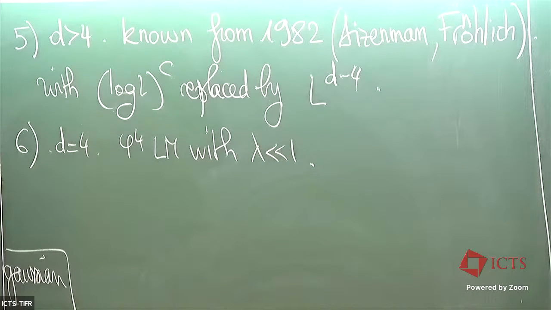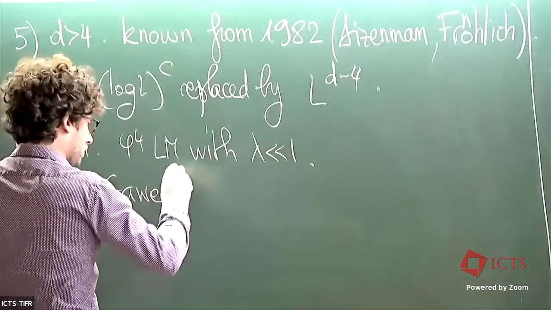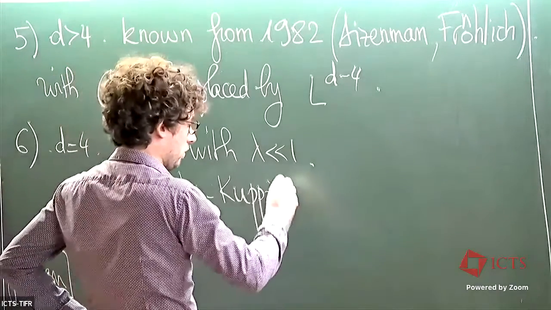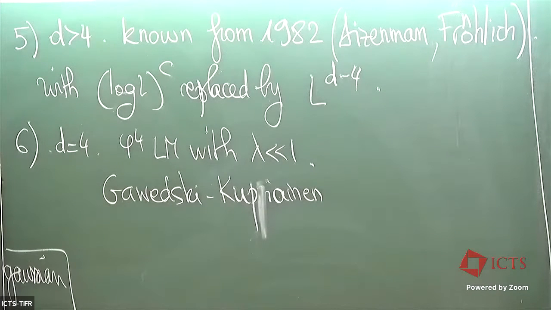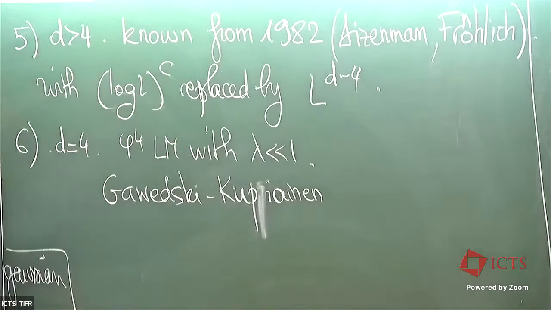This was first done by Gawedzki and Kupiainen. And I don't have the date, but it's also in the 80s. And then it was redone by Brydges, Bauerschmidt, Slade. There is also Hara, Tasaki.